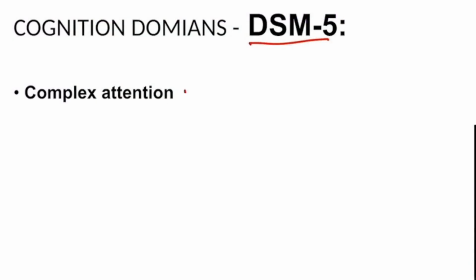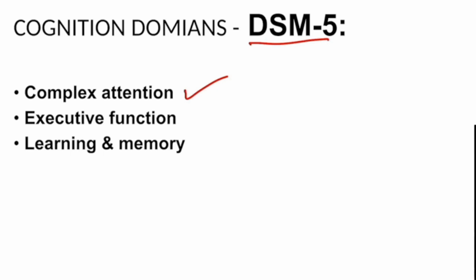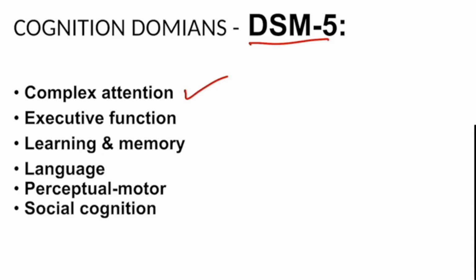They are: one is complex attention, second is executive functions, third learning and memory, fourth language, fifth perceptual and motor, and finally social cognition.